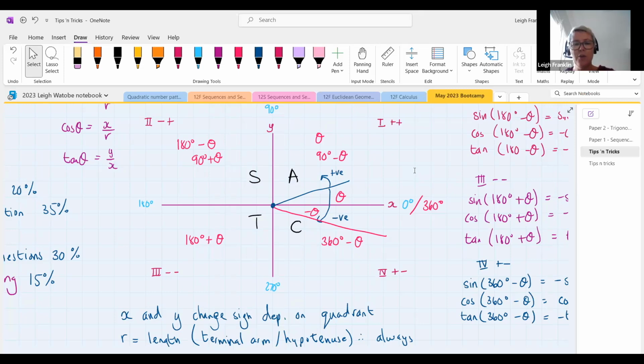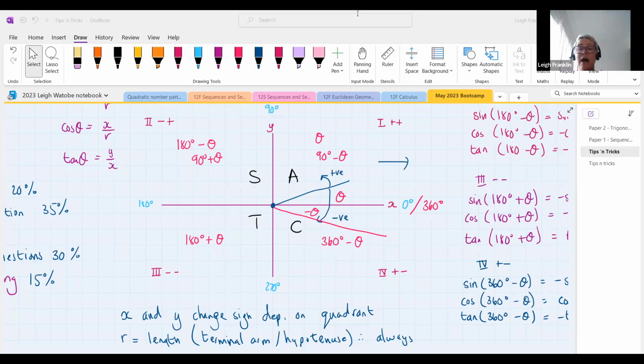Imagine where the origin is. You know those slinkies that we all played with when we were little? See the origin as a slinky string, and your terminal arm sits on the outside and twists around. When you go forward, that's the anti-clockwise direction that moves you to the right. When it goes in a clockwise direction, the terminal arm is twisting backwards and it moves to the left, where angles are negative.